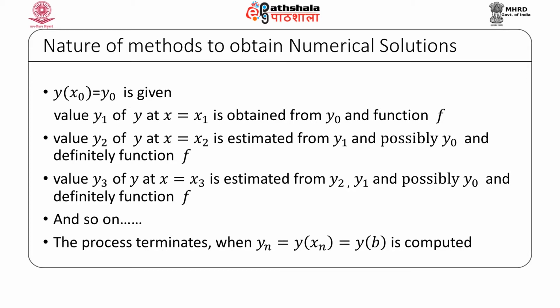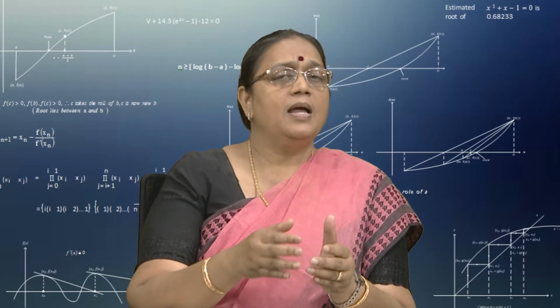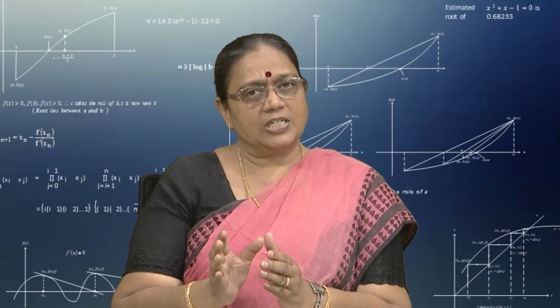So, using this function f and the value at the point x0, that is y0, this is how we will determine y1. Then how will y2 be obtained? y2 will be obtained from y1, possibly y0 may also be used, and the nature of function f.